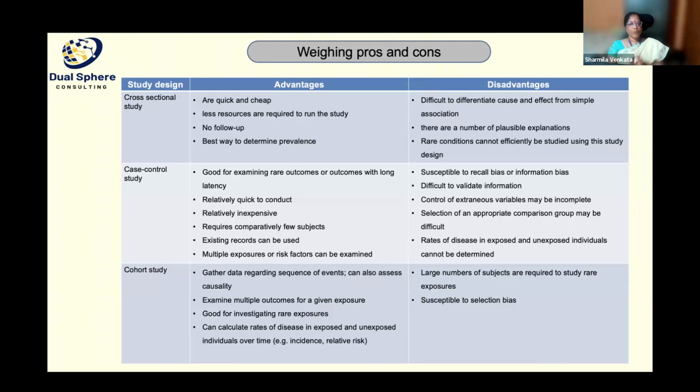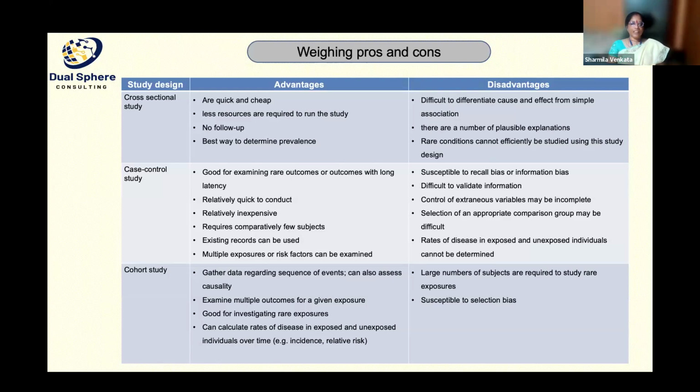For example, smoking can be studied for its relationship to lung cancer, COPD, and also heart disease. They're particularly useful for studying rare exposures like radiation exposure in nuclear plant workers. They allow calculation of disease rates: incidence, relative risk, and attributable risk.